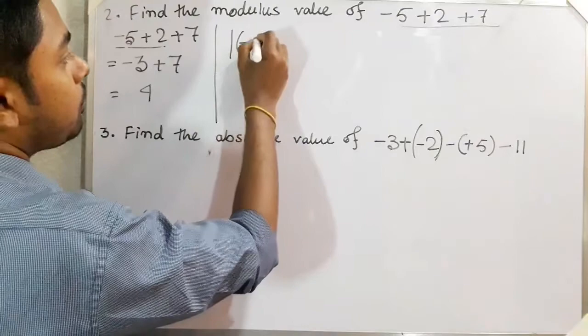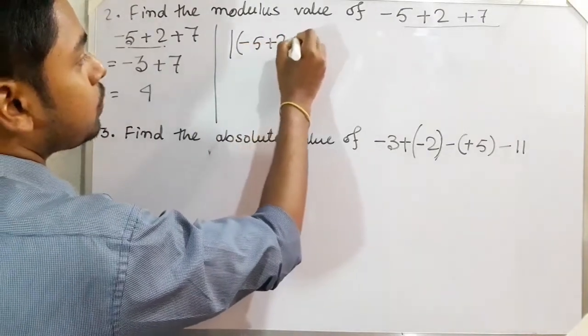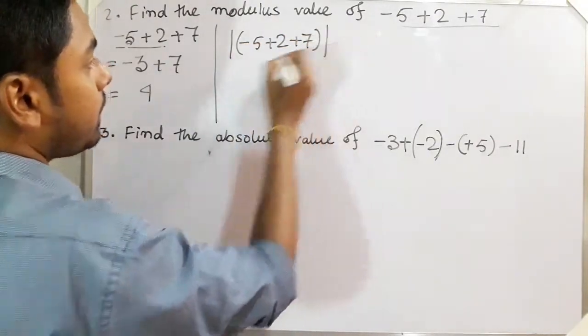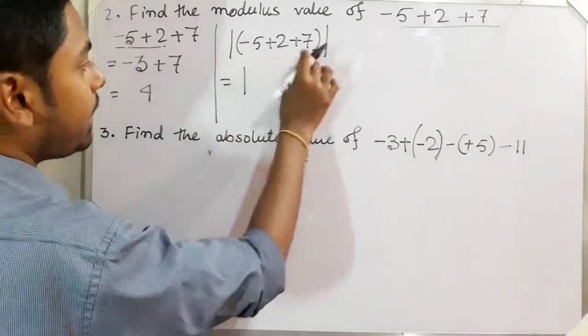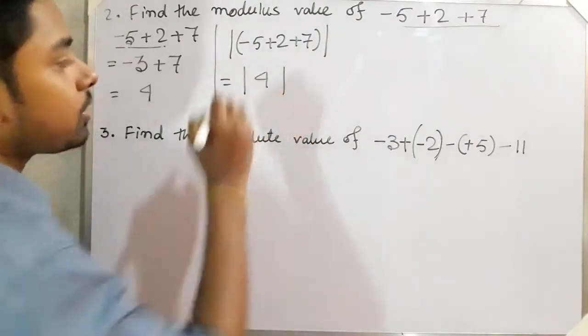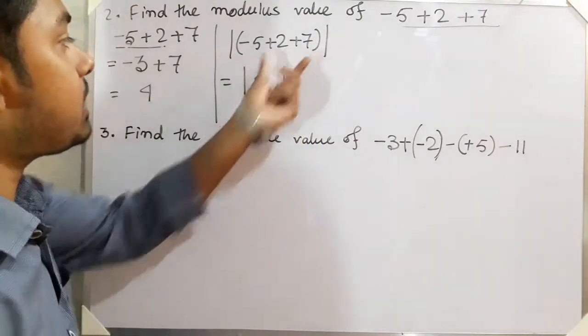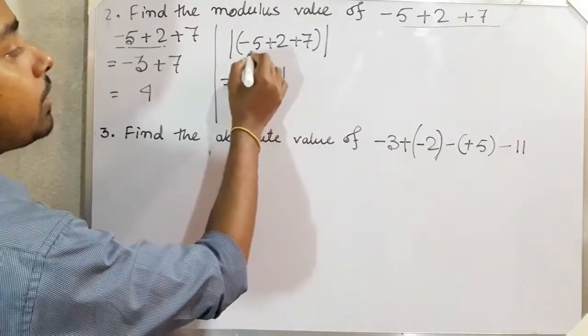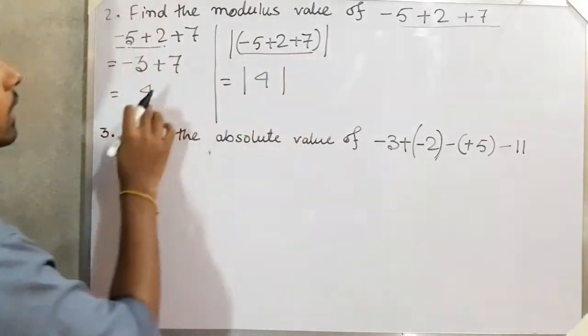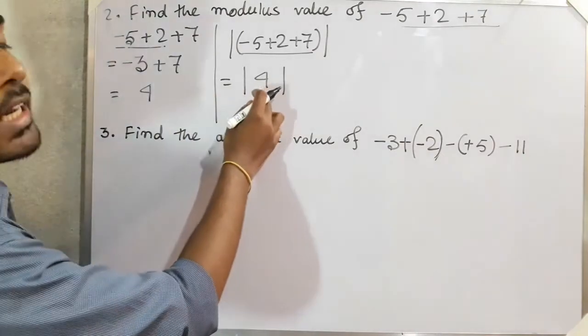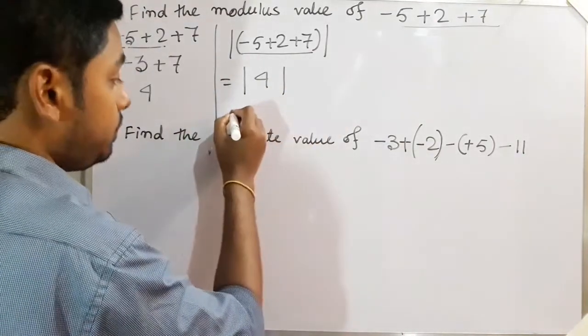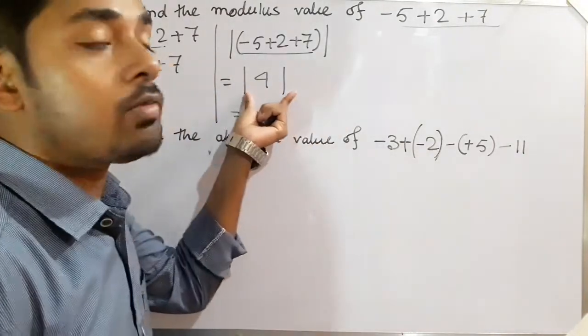modulus of minus 5 plus 2 plus 7, that means we can write it as modulus of 4, because we have got the value of this thing equal to 4. So we have written 4 here. Now modulus 4 is equal to what?